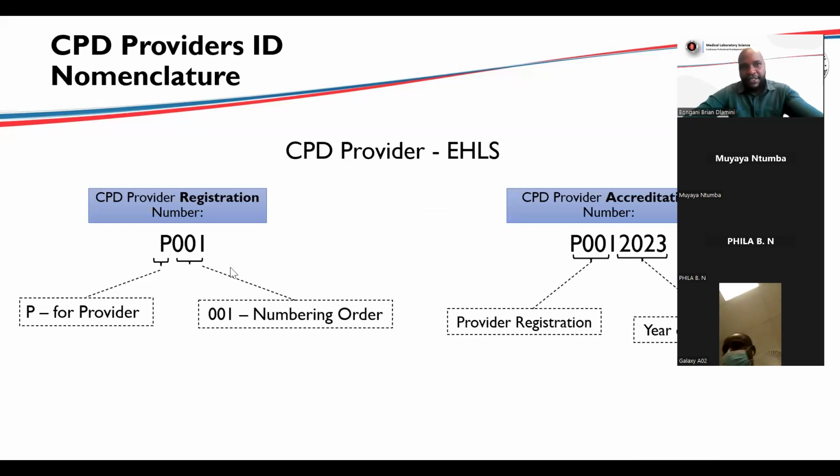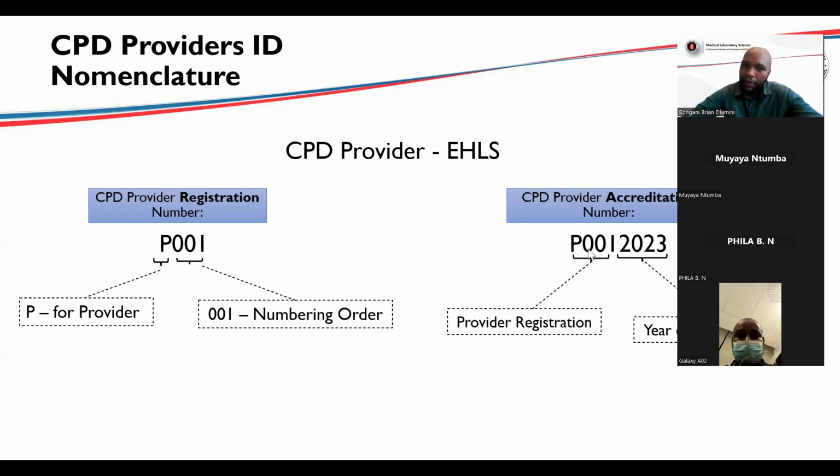So this is just a numbering nomenclature for us to understand what it means when you see a number starting with P001 2023. I'll take the example of EHLS: CPD provider EHLS was given the number P001 2023, whereby the P stands for provider and the 001 stands for the number, or say they were the second to be given the accreditation following EMDC as P00.